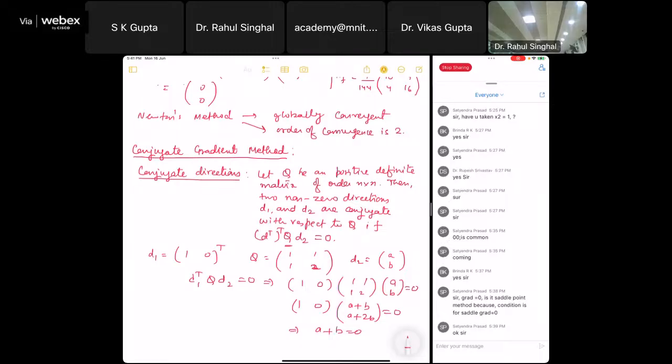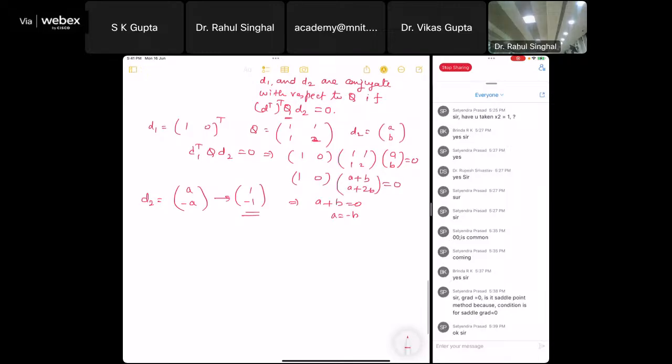Right? And this is A equal to minus B. So what is the direction D2 basically? This is (A, minus A). So you can take the direction as (1, minus 1). So this is a direction for which D1 and D2 are conjugate with respect to this Q. Right?